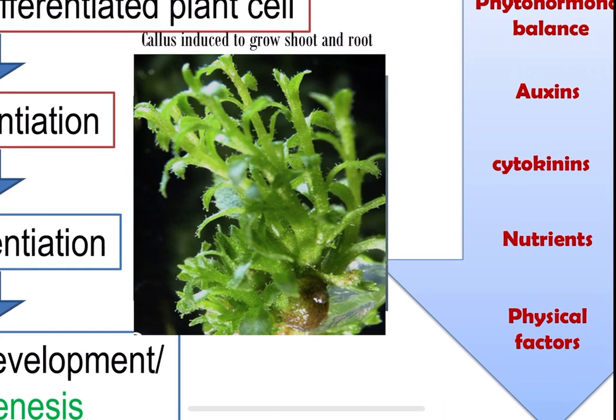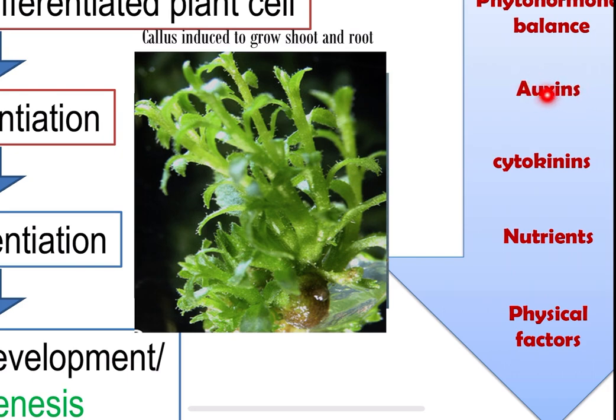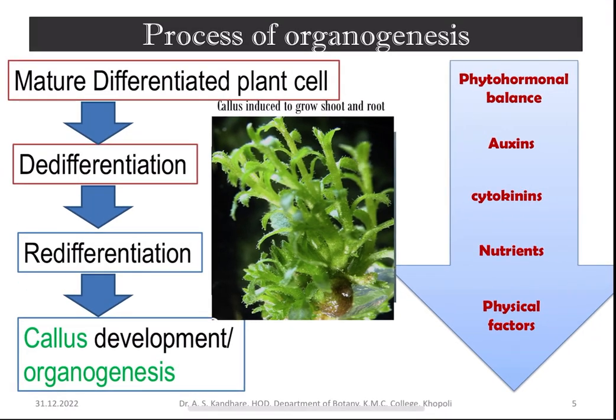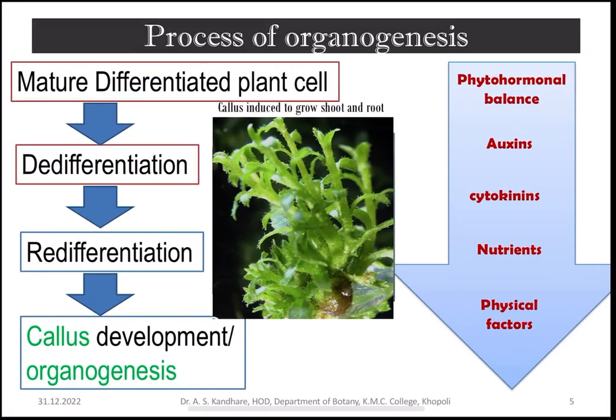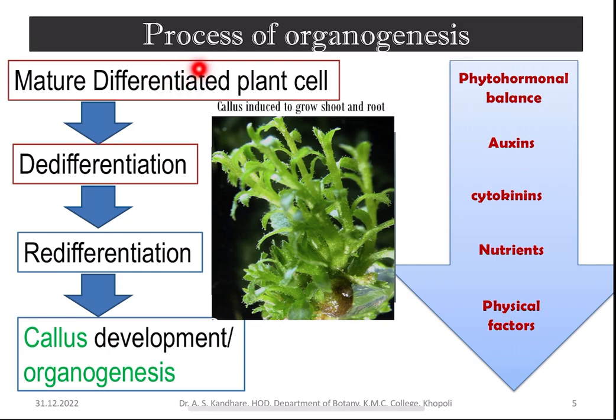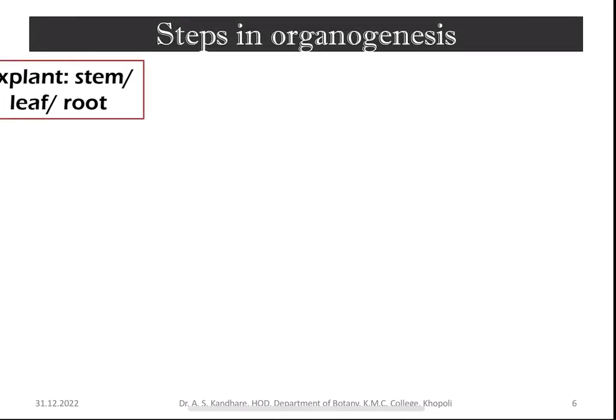So proper application of auxin and cytokinin can induce shoot formation as well as root formation. So organs can be developed from a mature or differentiated plant cell. So this is the general methodology or general protocol for organogenesis.